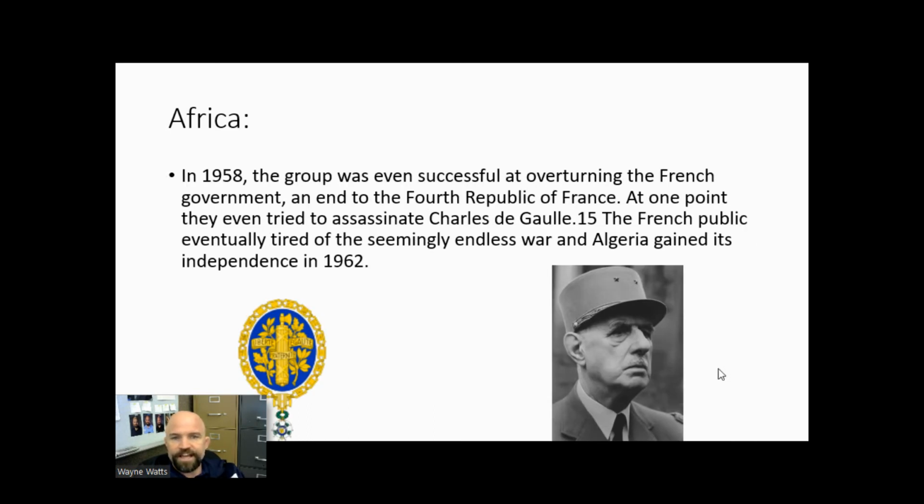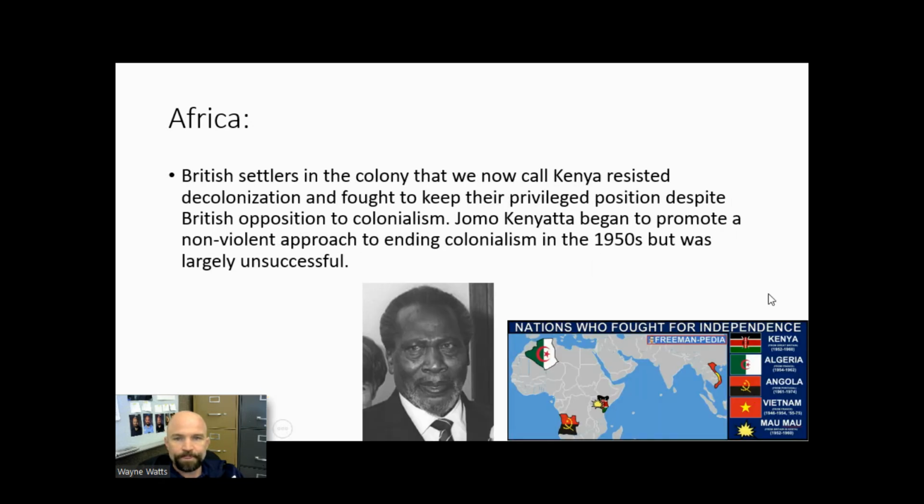In 1958, the group was even successful at overturning the French Fourth Republic. At one point, they even tried to assassinate Charles de Gaulle. The French public eventually tired of the seemingly endless war, and Algeria gained its independence in 1962.